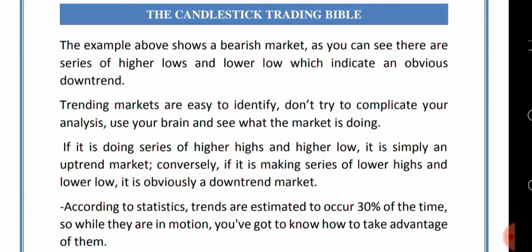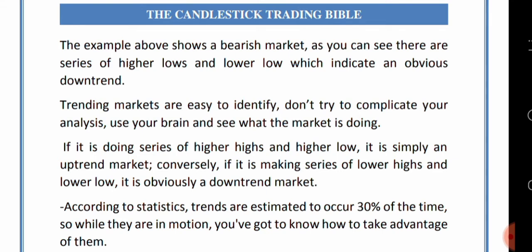As you can see, I've already demonstrated to you. If it's making a series of higher highs and higher lows, it's just an uptrend market, and we'll be looking for buy opportunities. And if it's making a series of lower highs and lower lows, it is obviously a downtrend market. And let's just say, okay, 30% of the time the market is trending.